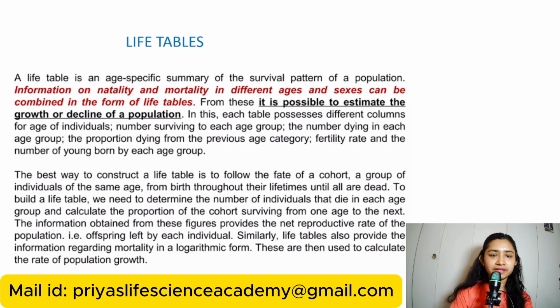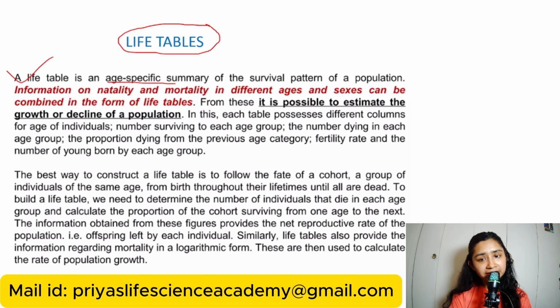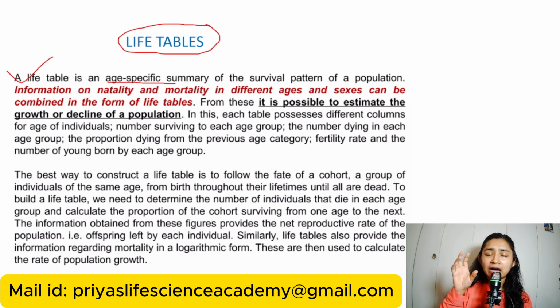Now, what is a life table? The very important one, life tables. So a life table is an age-specific summary of the survival pattern of a population. So very simply, it's an age-specific summary of a population. Like I'll show you the picture, how many individuals are there at which age group.